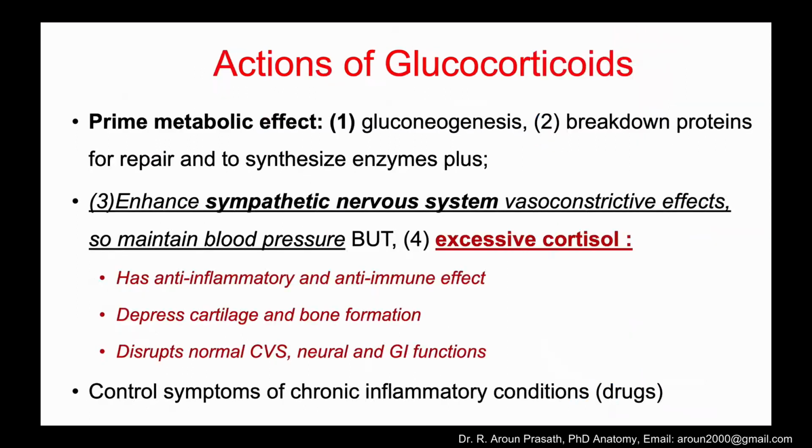Next, what is the action of glucocorticoids? One is gluconeogenesis, then breakdown of proteins for repair and to synthesize enzymes, then enhancing the sympathetic nervous system, which causes a vasoconstrictive effect, so it maintains the blood pressure level.